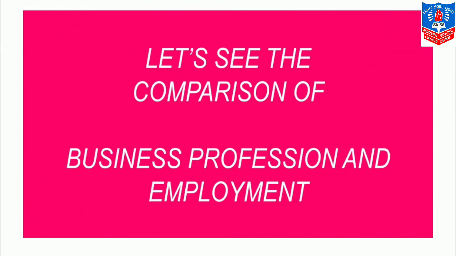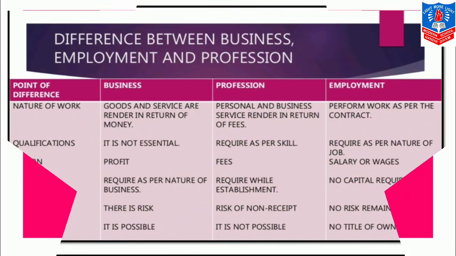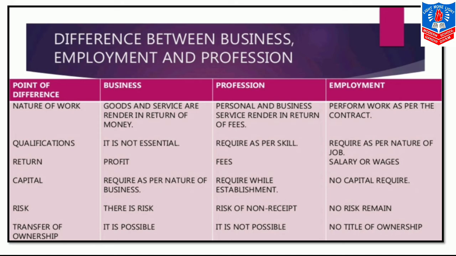Our next topic is the comparison of the types of economic activities, that is business, profession and employment. There are 6 points of difference. Number 1, that is nature of work.